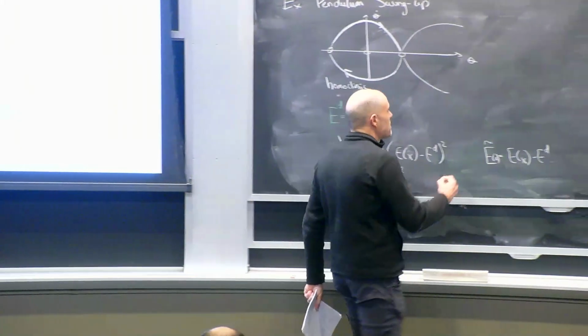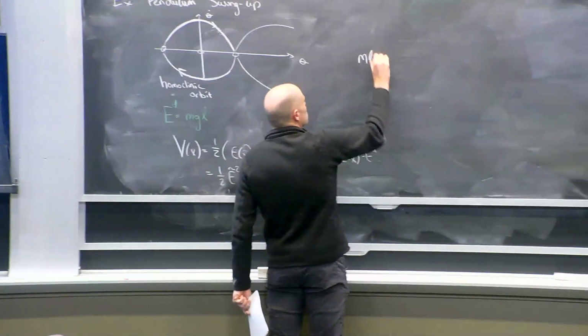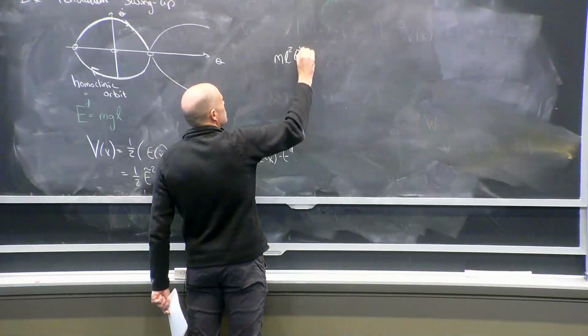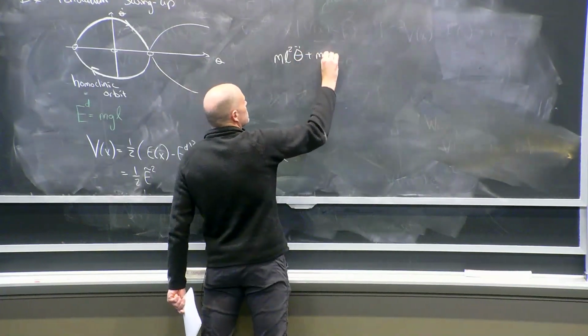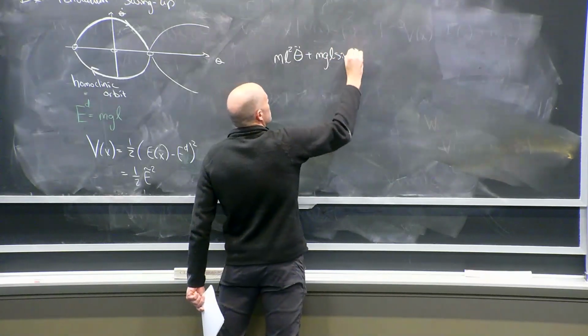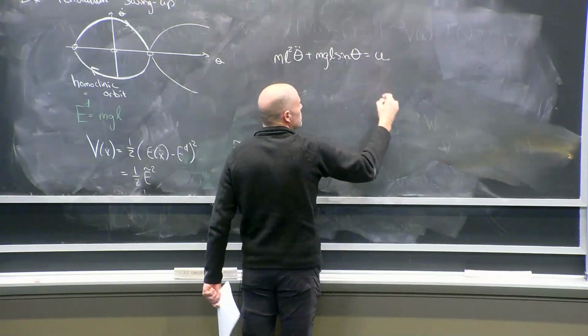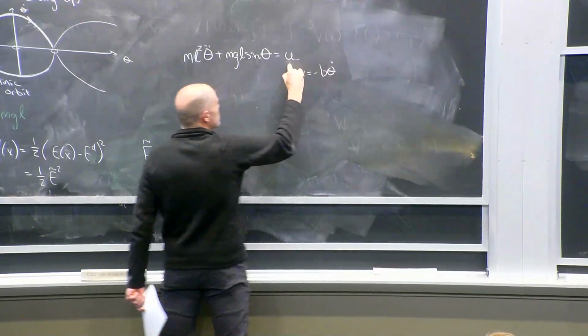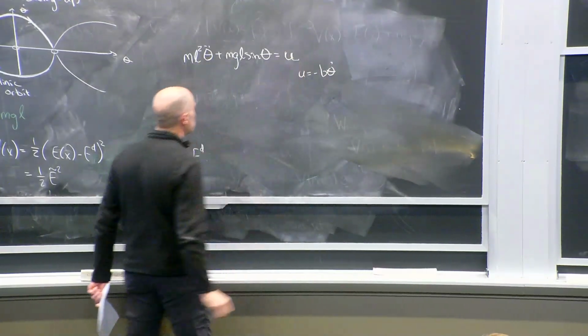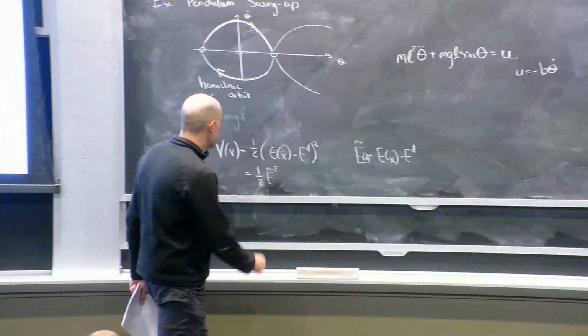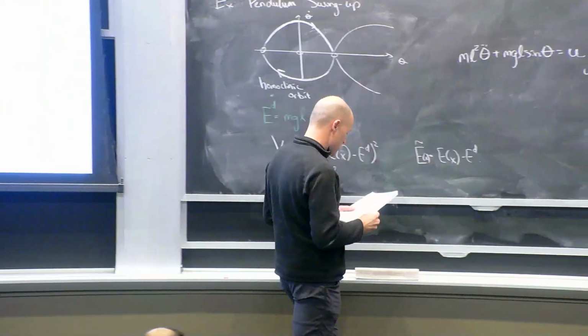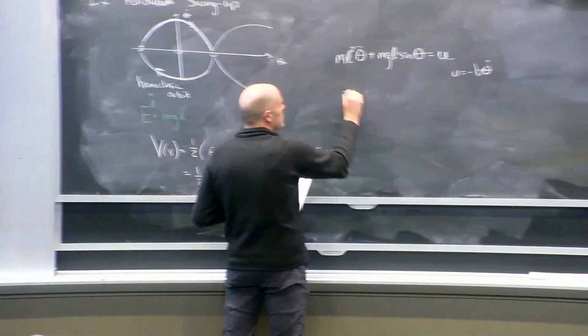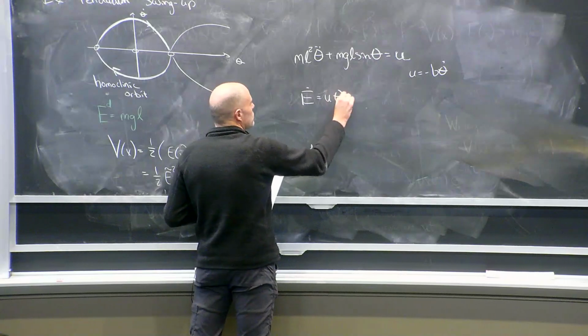The dynamics of the forced pendulum: ml squared theta double dot plus mgl sine theta equals u. I chose u before as negative b theta dot, but in general, this is where my torques come in. So E dot in this is just u theta dot.